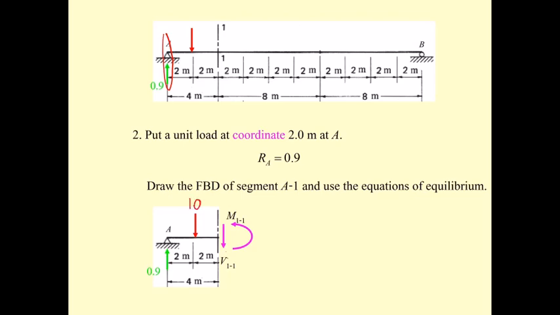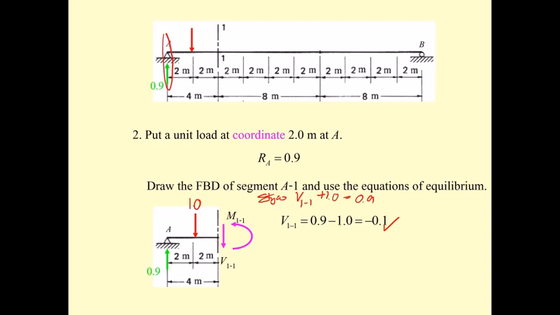So this time V1-1 plus 1 equals 0.9. So V1-1 is equal to 0.9 minus 1, and then you get this, minus 0.1, which is downward. Summation of F sub y equal to 0.